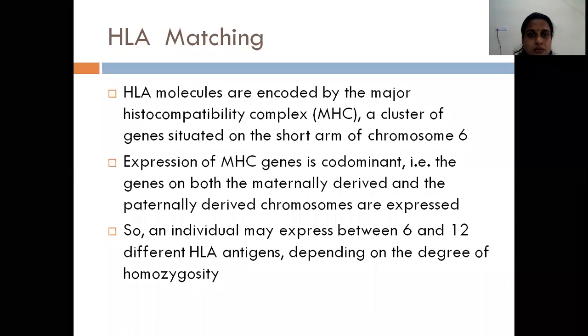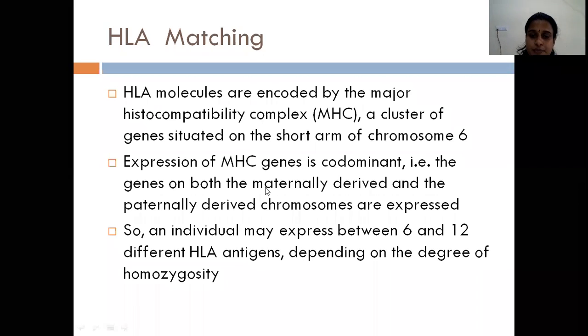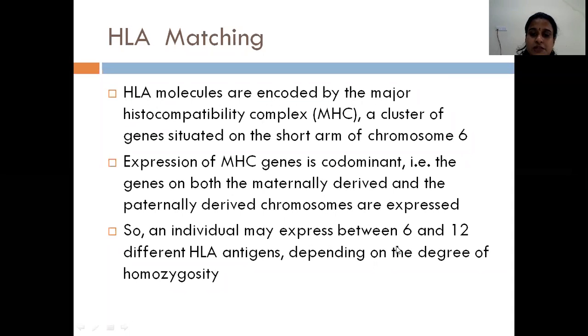So two chromosomes, one haplotype from the maternal side, and subsequently all the haplotypes on the maternal and paternal side, hence they are all codominant, are all expressed. So an individual may express anywhere between 6 to 12 different types of HLA antigens of one specific group, depending on the degree of homozygosity.